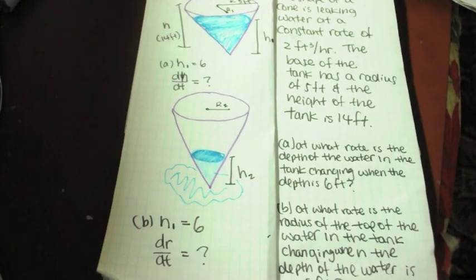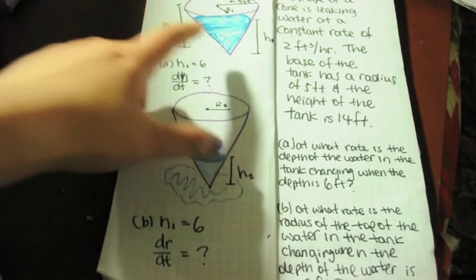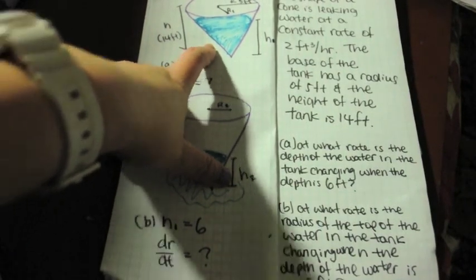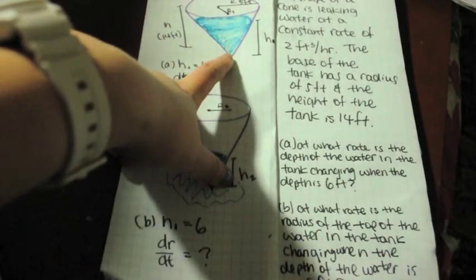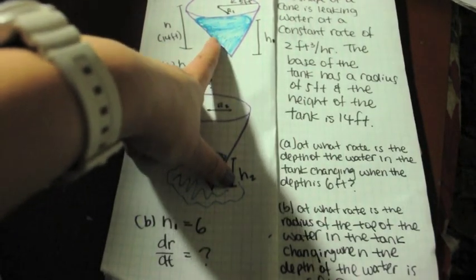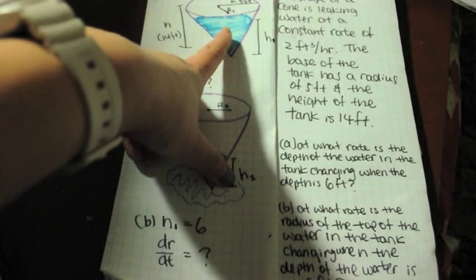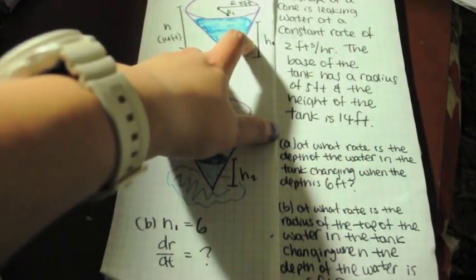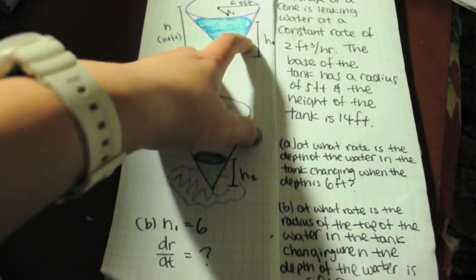So in this problem, let's start off with a quick sketch. In this picture, you can clearly see that the water in the tank actually forms a smaller cone with the same central angle as the tank itself. The radius of the water cone at any time is given by r, and the height of the water cone at any time is given by h.